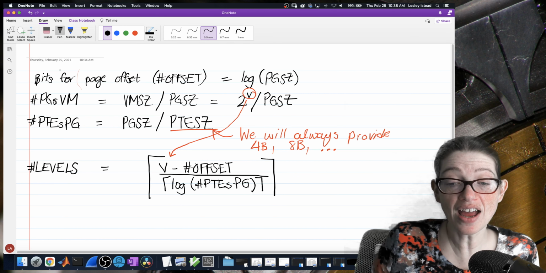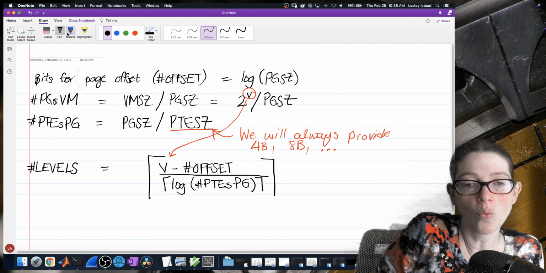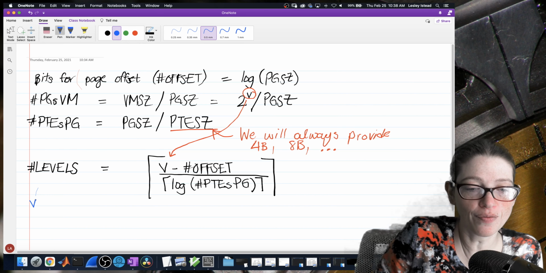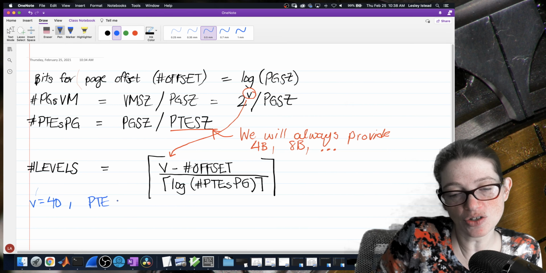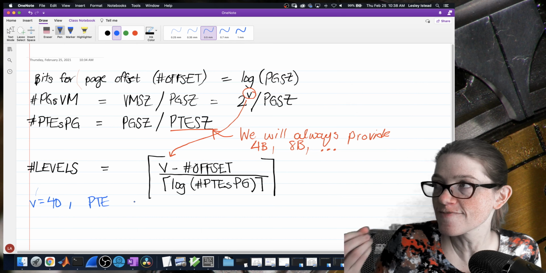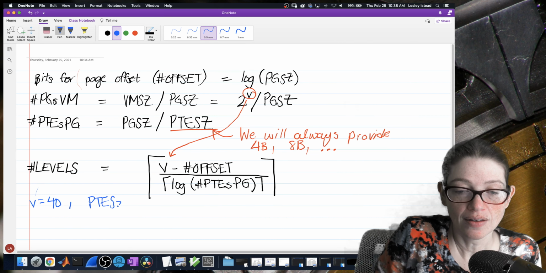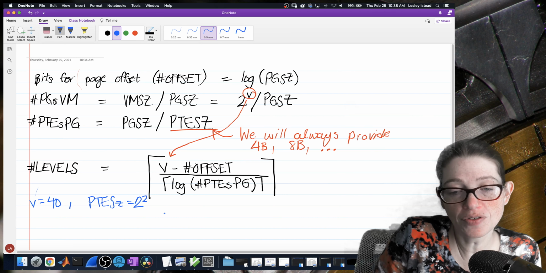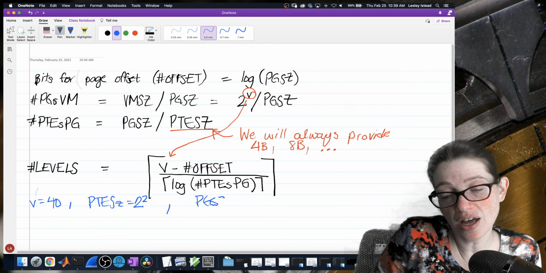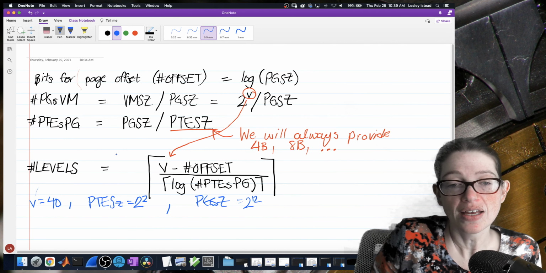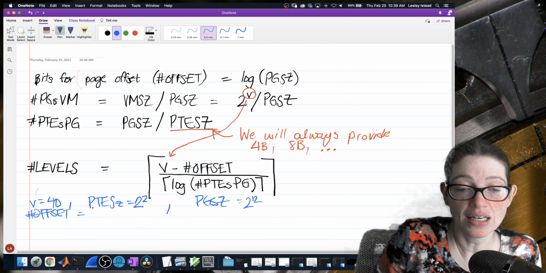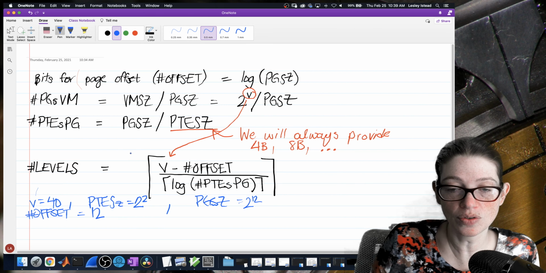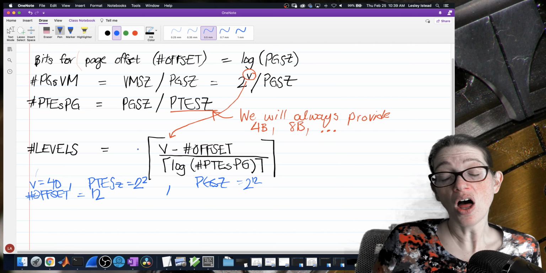All right, so let's give an actual example here. From the notes, we had V equals 40. And let's say that our page table entry size was 4 bytes, so 2 to the power of 2. And let's say our page size was 2 to the 12. So then my offset bits is 12, because it's the log of 2 to the 12.